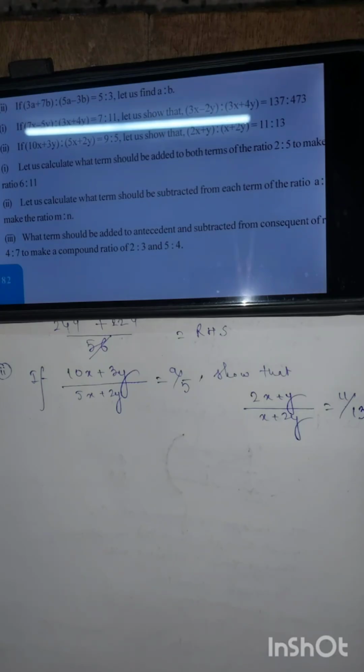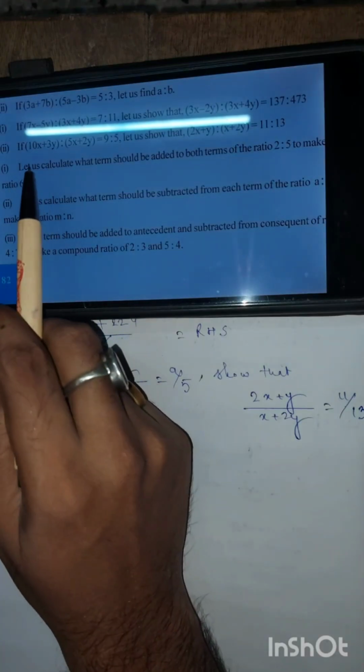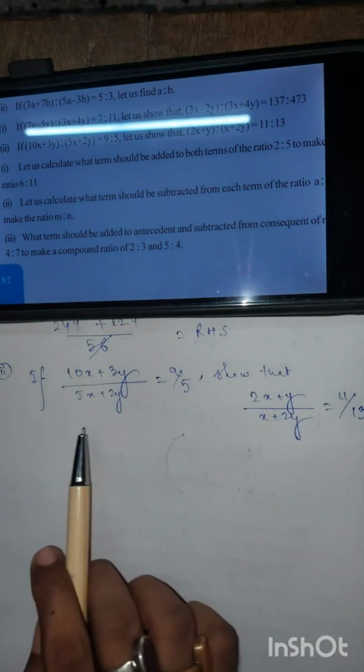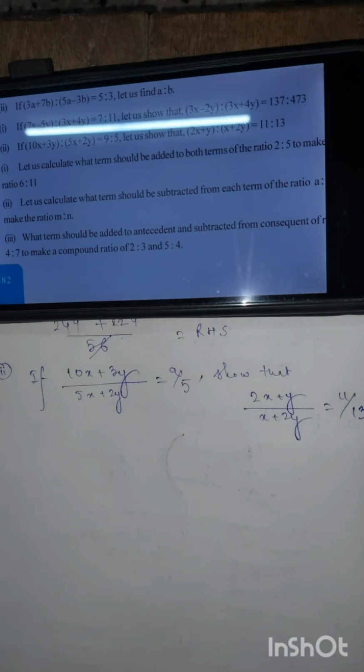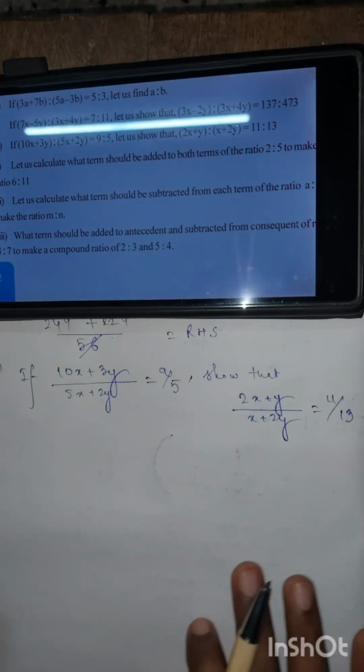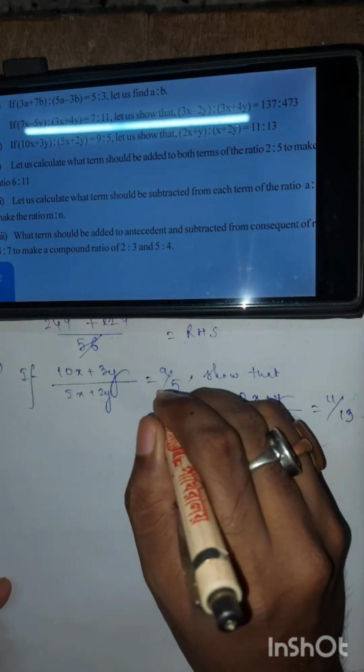It is given in the form of ratio, but I have written it in the form of something by something. Both are same. So this format can be written as this.